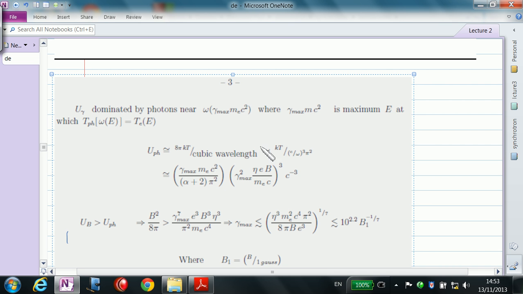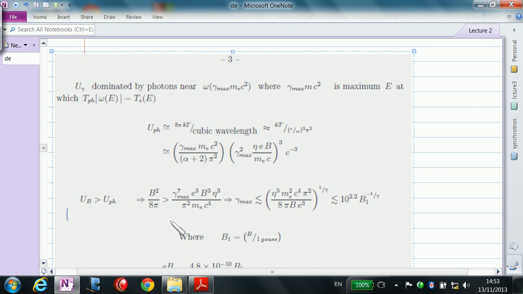So I substitute for kT with gamma max m v squared over alpha plus 2. That was the effective brightness temperature. And this is the frequency of the emission. It's gamma squared times the cyclotron frequency, all cubed because it's per cubic wavelength.